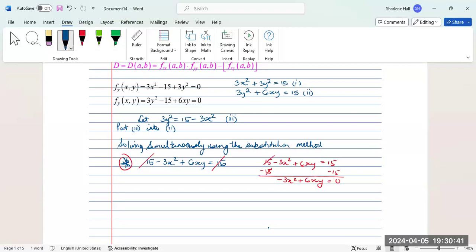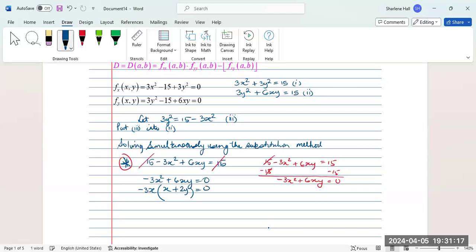So I'm going to end up now with negative 3x squared plus 6xy equals 0, don't I? Yes, sir. If I factor out what is common, say negative 3x, I can have negative 3x times x plus 2y. Agreed?